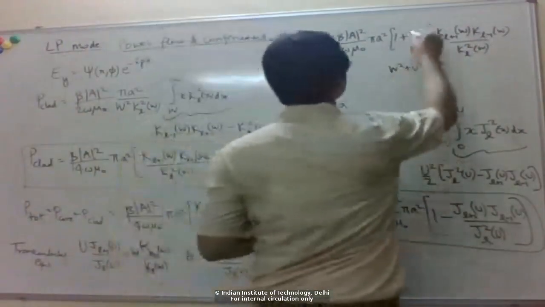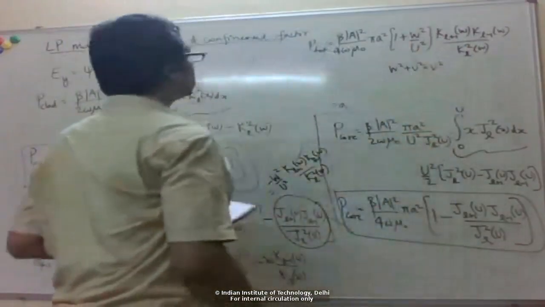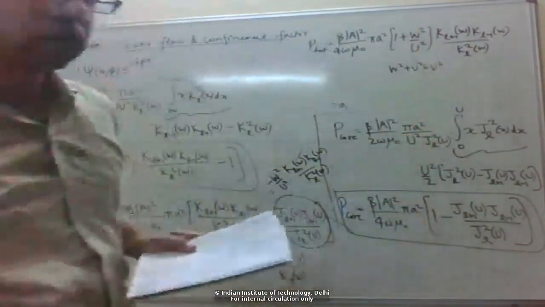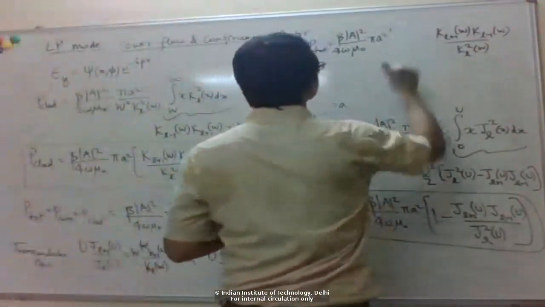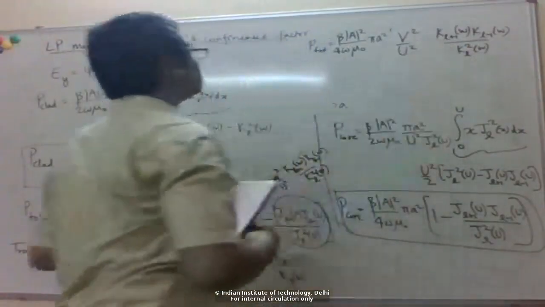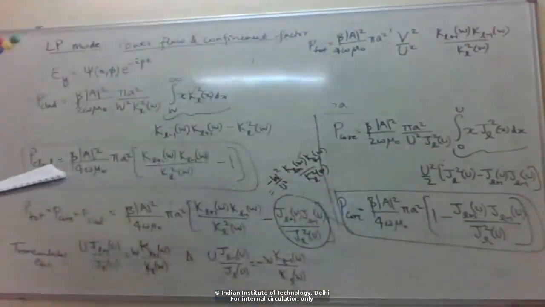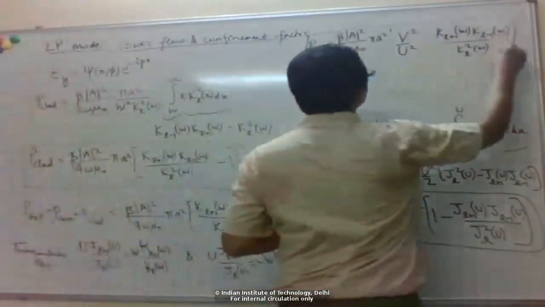So this thing is just V square by U square, so I can replace this by V square by U square. That gives me the total power.